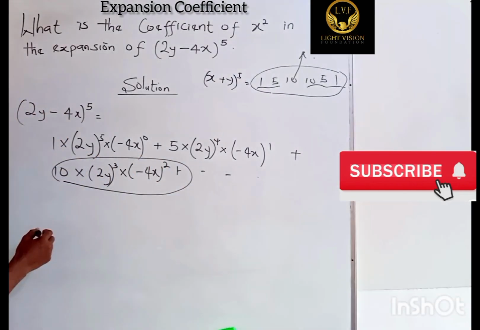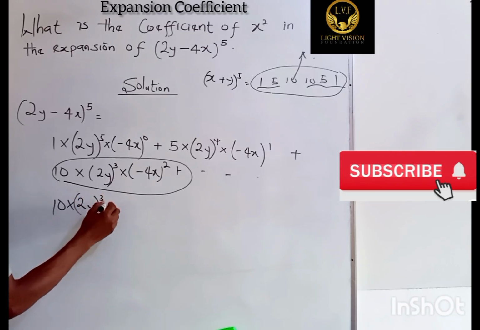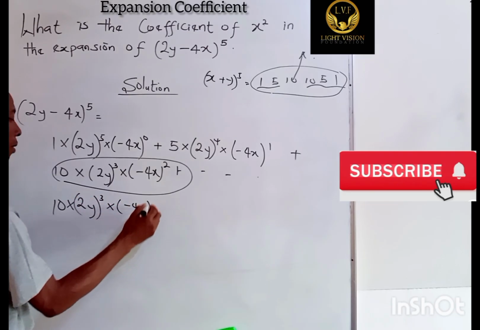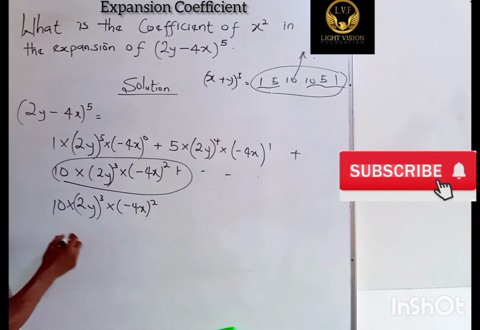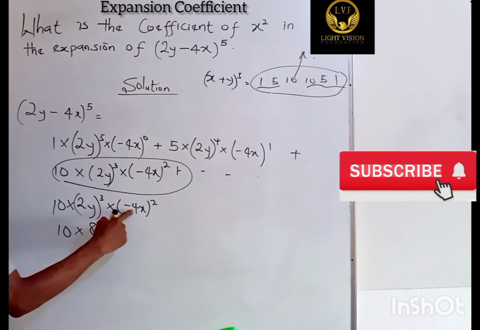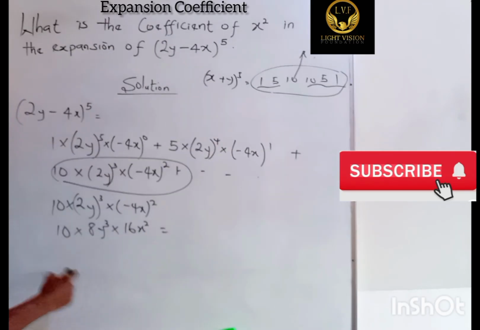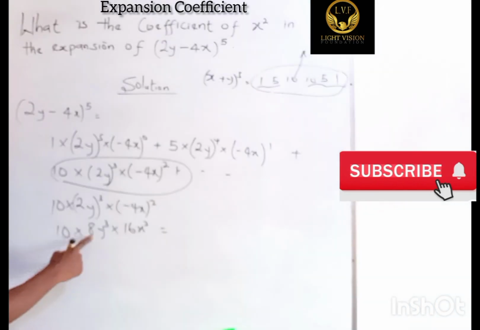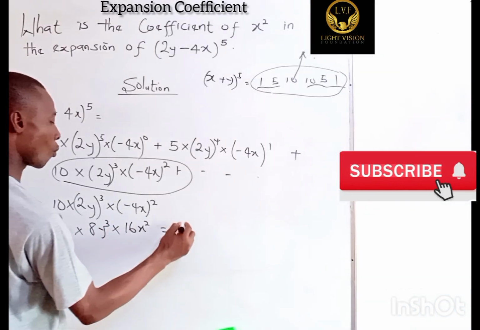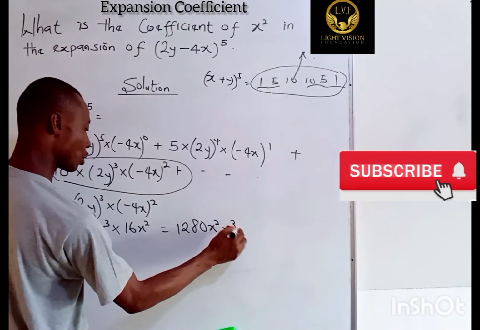Okay, so what it means is that I'll multiply through here, which is 10 times (2y)^3 times (−4x)^2. So we expand. 10 times (2y)^3 becomes 8y^3 times (−4x)^2 becomes 16x^2, which is 10 times 8 is 80. 80 times 16 is 1280x^2y^3.